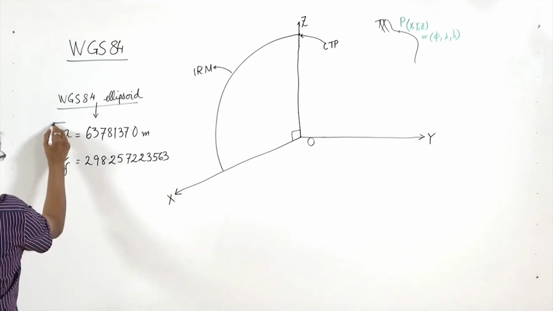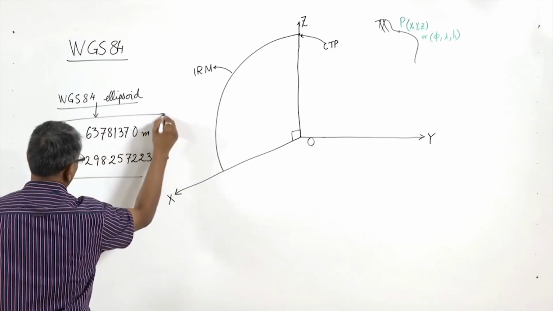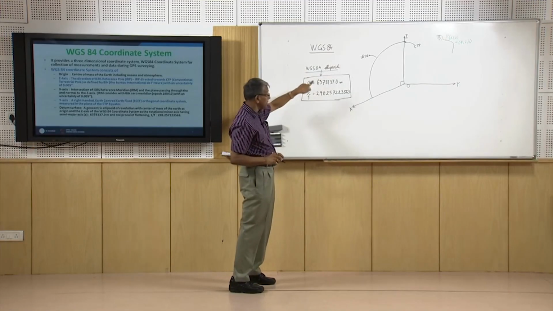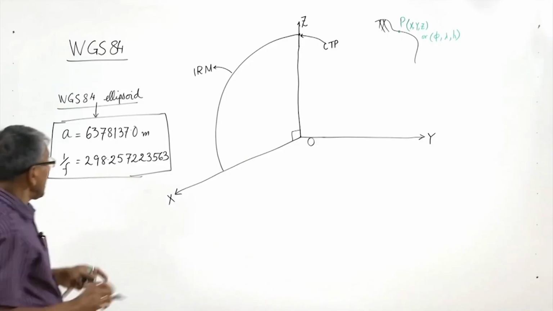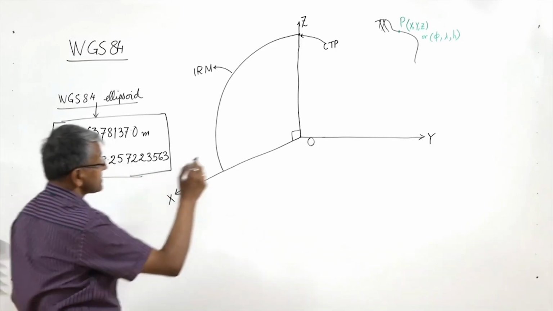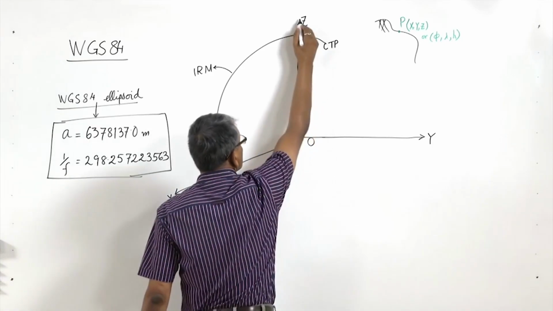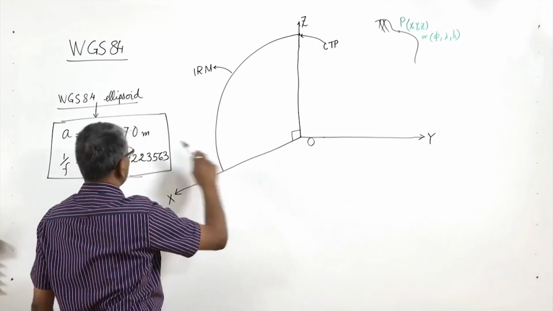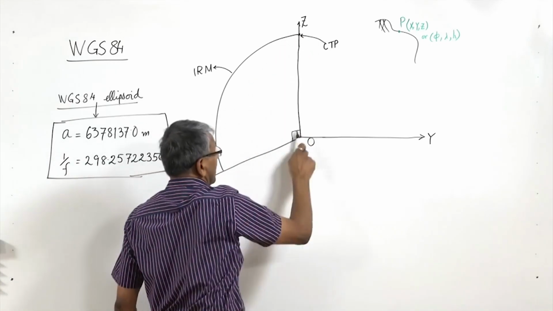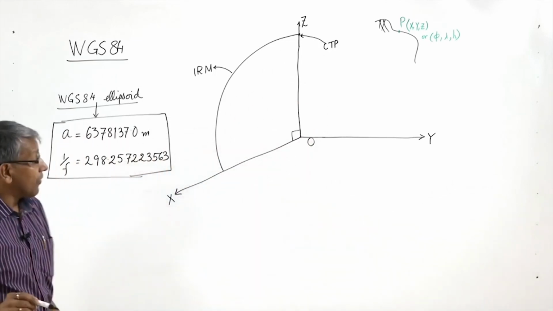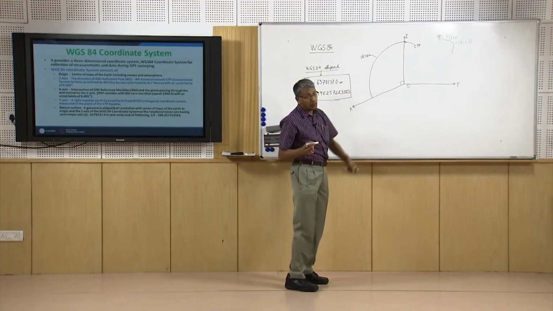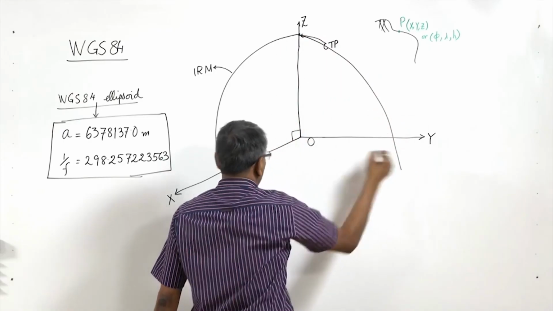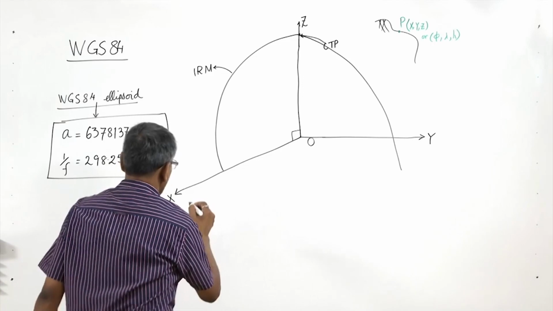So these are the two parameters which define the WGS 84 ellipsoid, and if we take the minor axis along this z, and if we revolve this ellipse about this z axis, then the ellipsoid that I get is called the WGS 84 ellipsoid, and that is considered as the reference surface.